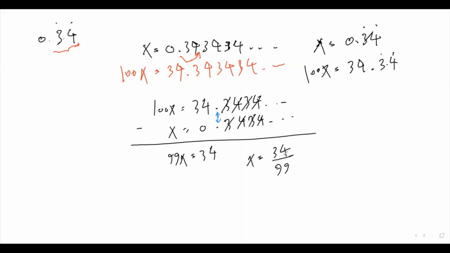And I believe I cannot simplify this further, and this is the final answer, meaning 0.34 with the repetition of 34 is equal to 34 over 99, right?